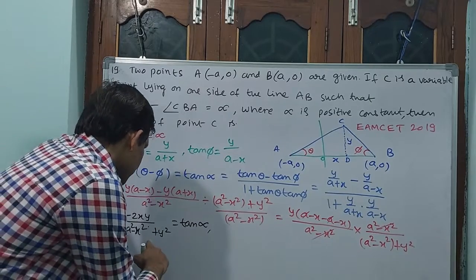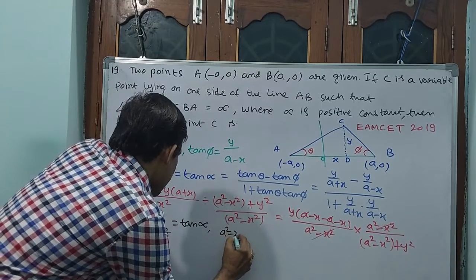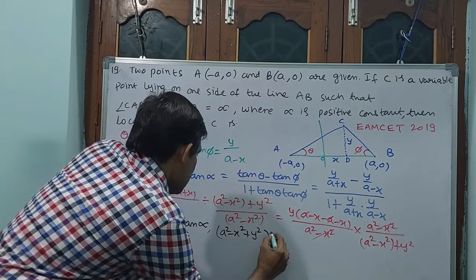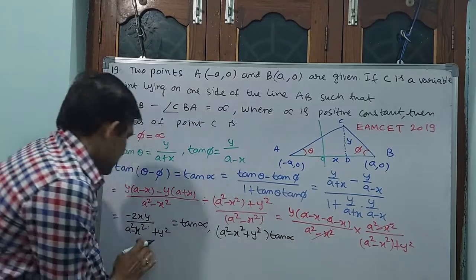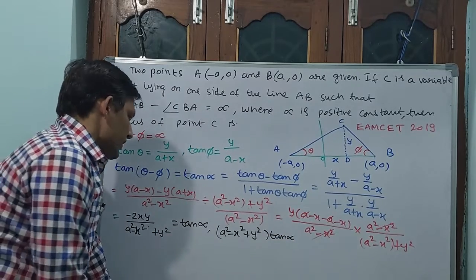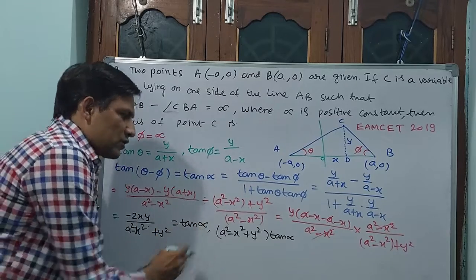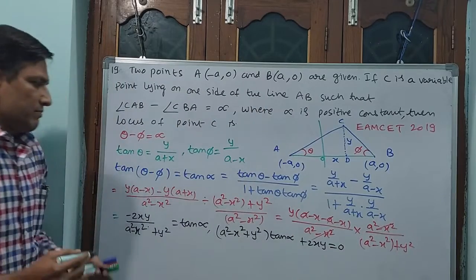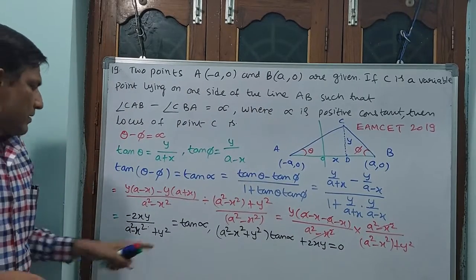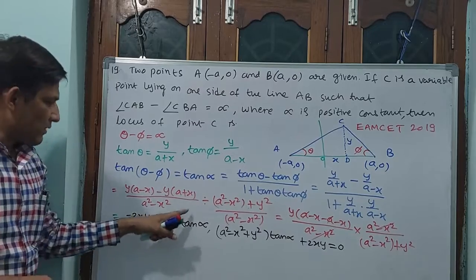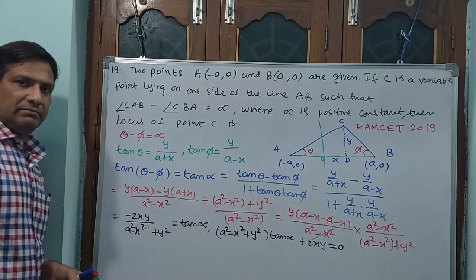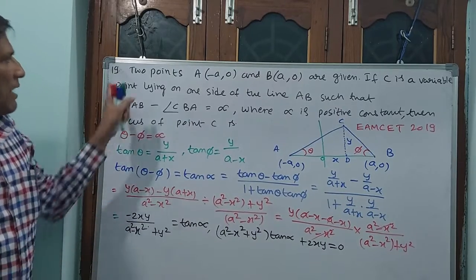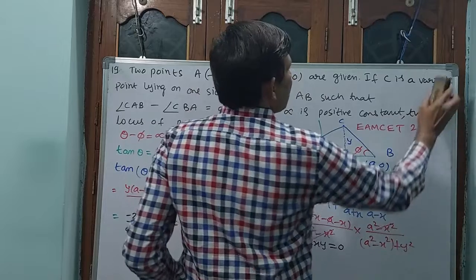You see, (a square minus x square plus y square) into tan alpha plus 2xy equal to 0. Or else take 1 by cot alpha and cross multiply. That also you can do. This is also correct. See what I am doing? I am rubbing this and making it cot alpha also.